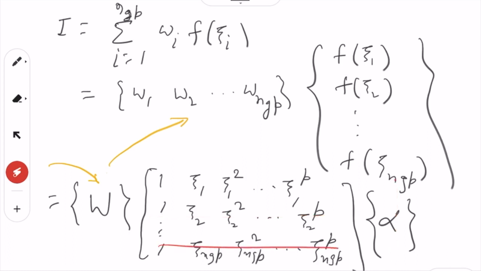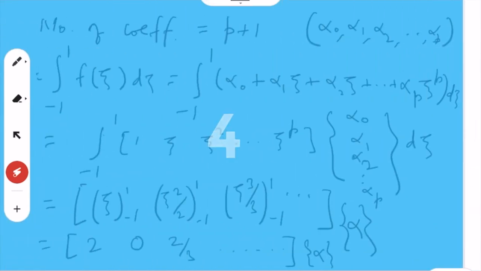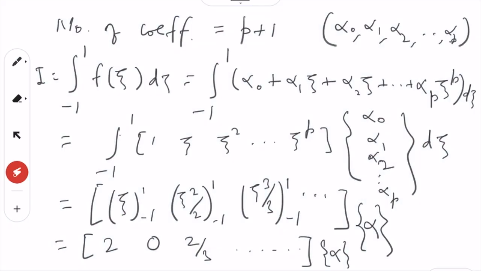So you get f xi 1 multiplied by this, f xi 2 multiplied by this, and so on. So this I, according to the Gauss quadrature, we get this one, but if you integrate it directly from the function, we get this value.